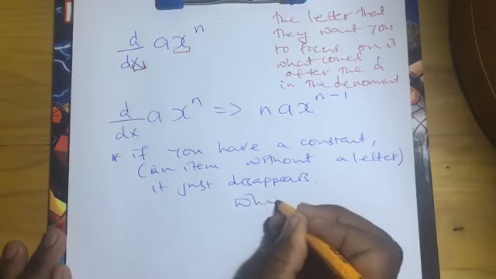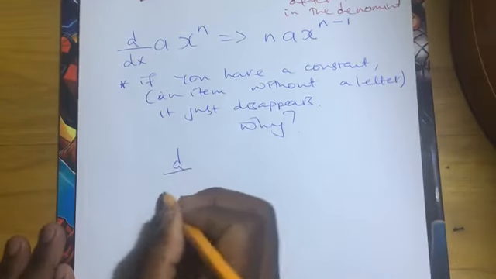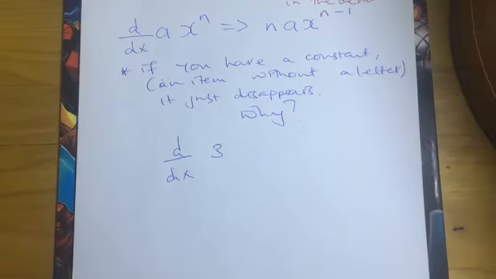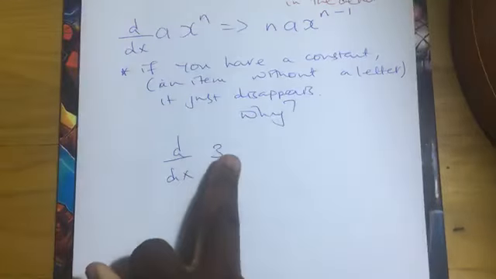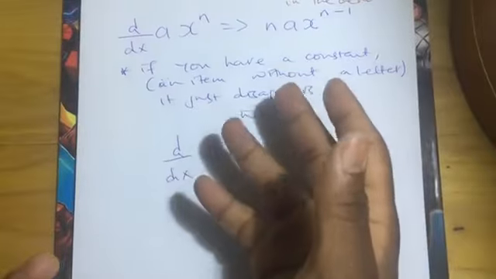Now the question is why? Why does this happen? Imagine you've been asked to differentiate d/dx of 3. 3 is a constant because it doesn't have a letter attached to it. It doesn't have a variable. If it had a letter, it would have been 3x, 3x squared, 3y, and so on.